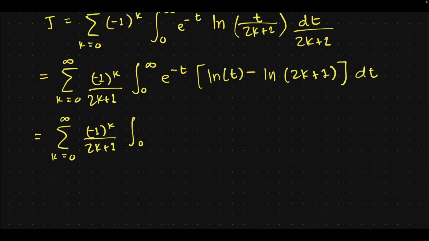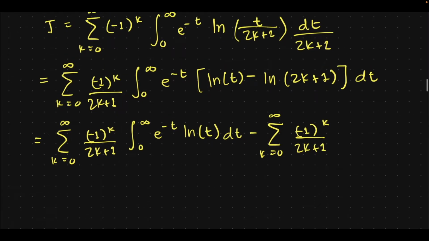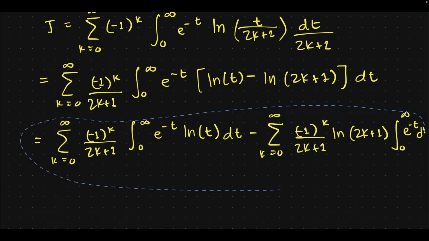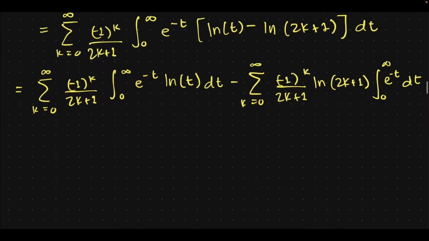So there's one from 0 to infinity e to the minus t natural log of t dt, minus sum from 0 to infinity minus 1 to the k over 2k plus 1, and we can probably pull the natural log outside. Sorry, we're running out of space on the right side there. Maybe I should move things around. The dt there, yes, that's right.